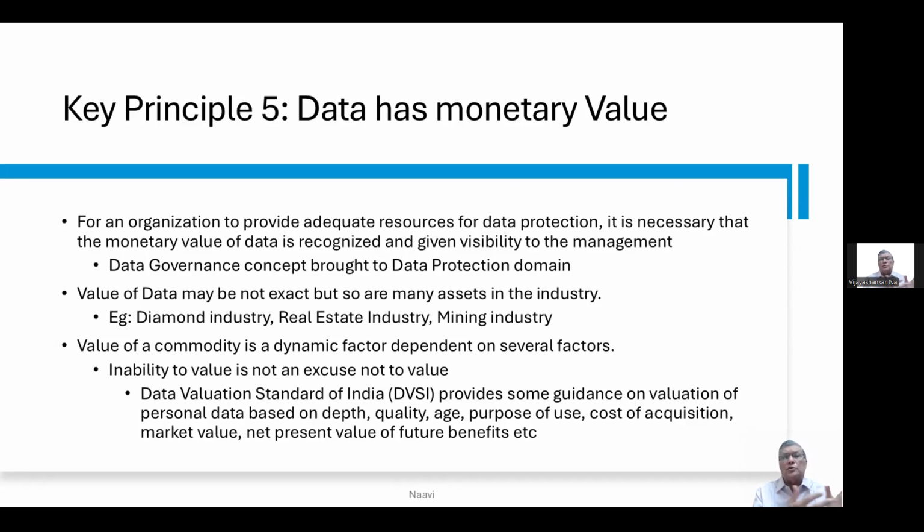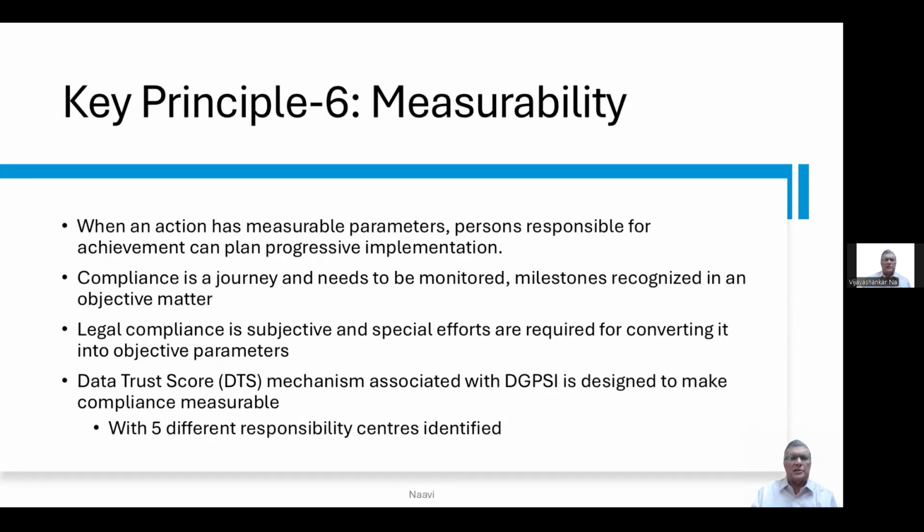Say somebody has posted 10 years back some opinion on Twitter, and that determines his profile. Now AI may take that as his profile, but yesterday he has posted something else, he might have changed his view, and AI cannot give equal weightage to both these things. It has to give more value to the current performance or behavior rather than the previous behavior. So this assigning monetary value has that kind of advantages.